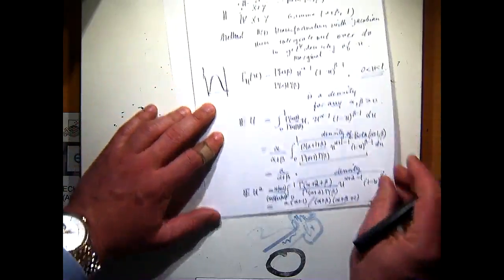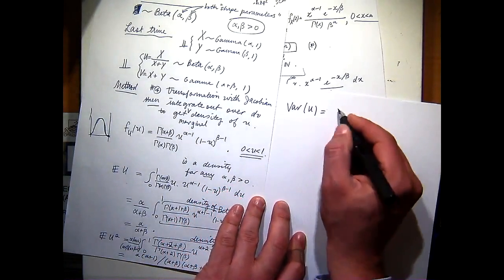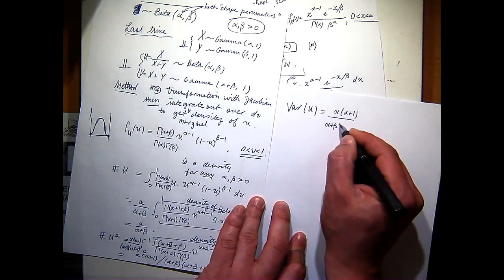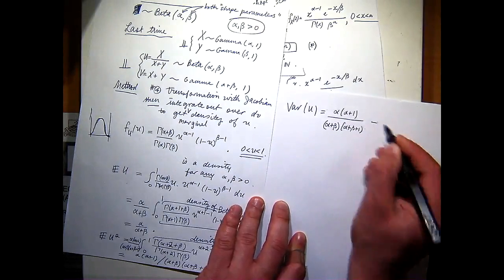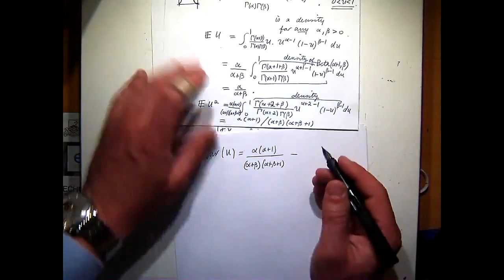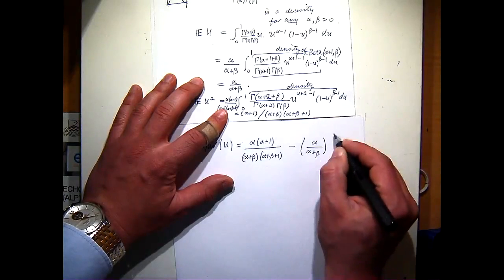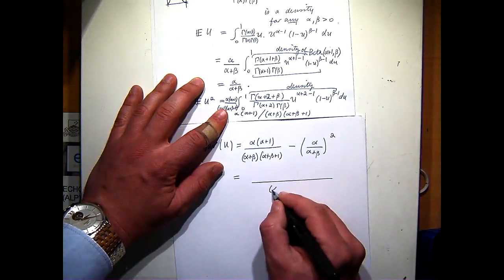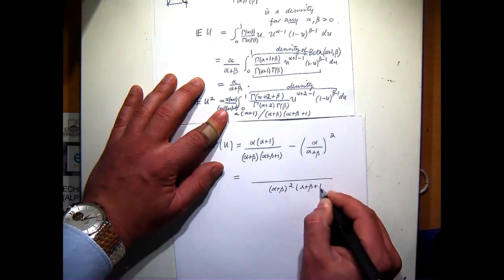And then that's the expected value of u squared, and I have to subtract off the square of the known mean. So the variance of u will be the same thing, alpha times alpha plus 1 divided by alpha plus beta times alpha plus beta plus 1, and then I have to subtract, of course, the square of the known mean. So it'll be something pretty complicated divided by alpha plus beta squared, alpha plus beta plus 1.